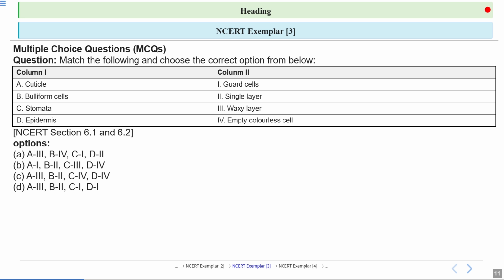So this question is coming from NCERT sections 6.1 and 6.2. You have to match the items given in column 1 and column 2, and accordingly select the correct option. Let us see the answer of this question.